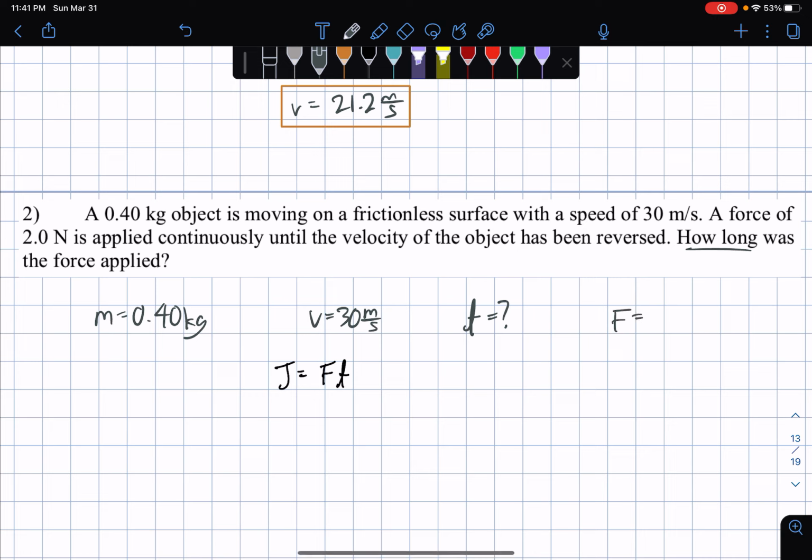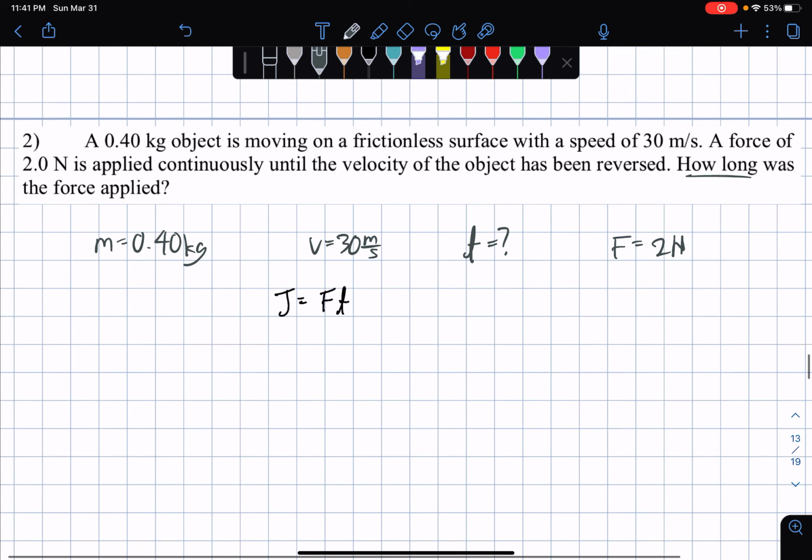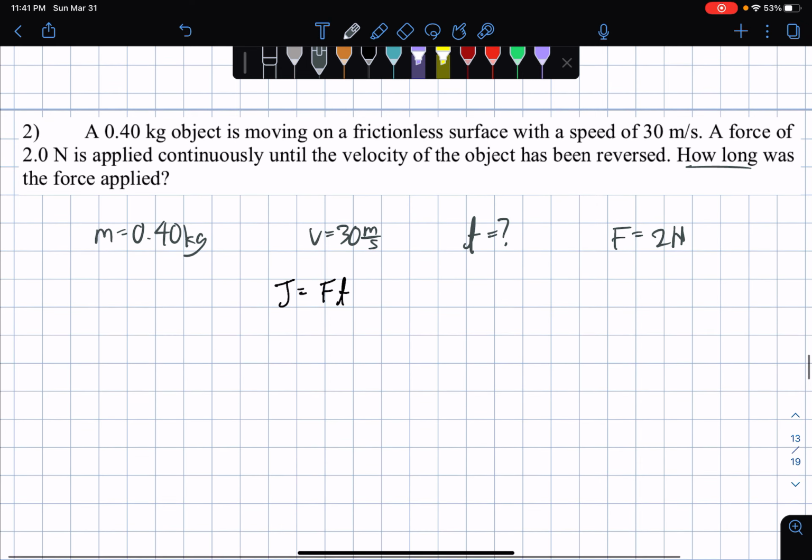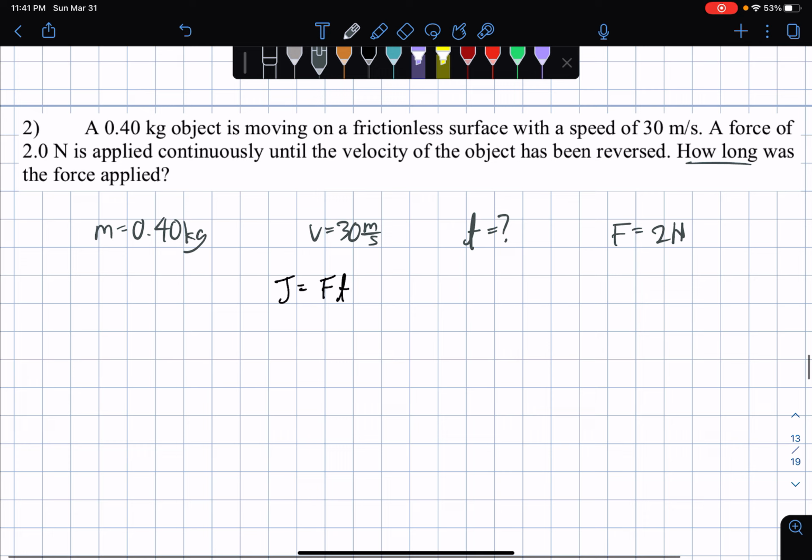So F is what? I believe that's the 2 newtons. Okay. We know that in the impulse momentum theorem, impulse is equal to momentum. So we do have the values needed to look for momentum.